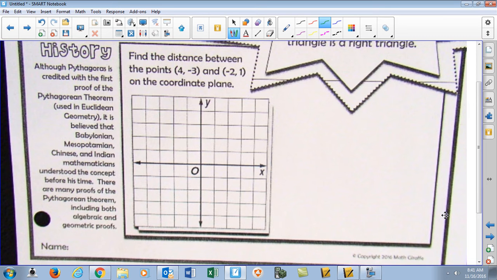Find the distance between the points (4, -3) and (-2, -1). If I graph (4, -3), remember, coordinate points are x, y. So if 4 is positive, we're going right 4 and down 3. And then my other coordinate is at -2, which means we're going left.